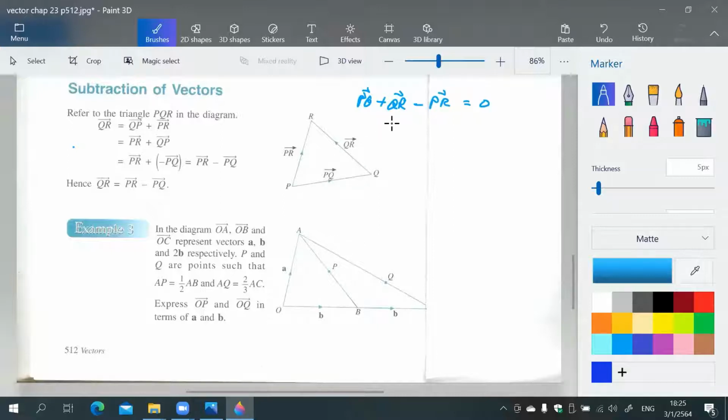If for example you want to find vector QR, you just move it, becoming plus PR minus vector PQ.